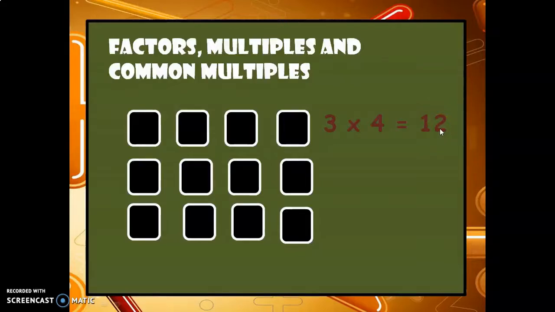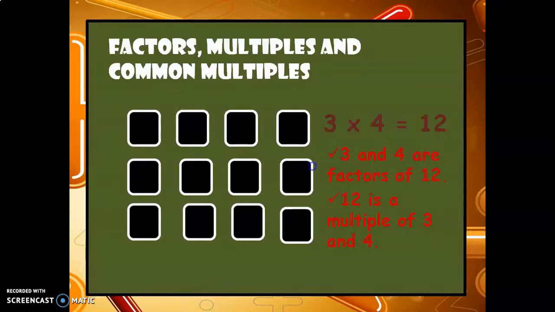Since 3 times 4 is equal to 12, we could also say that 3 and 4 are factors of 12. Since 12 can be divided exactly by 3 and 4 without any remainder, you could also say that 12 is a multiple of 3 and 4. Basically those are the definitions of factors and multiples.